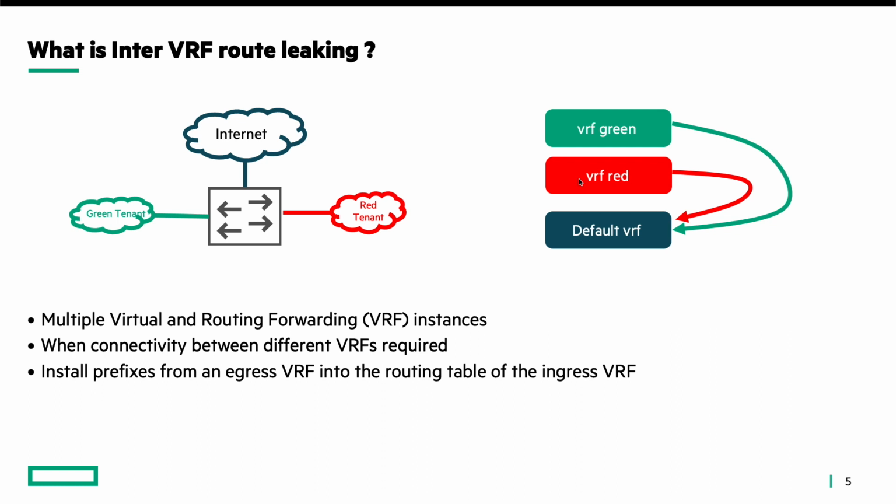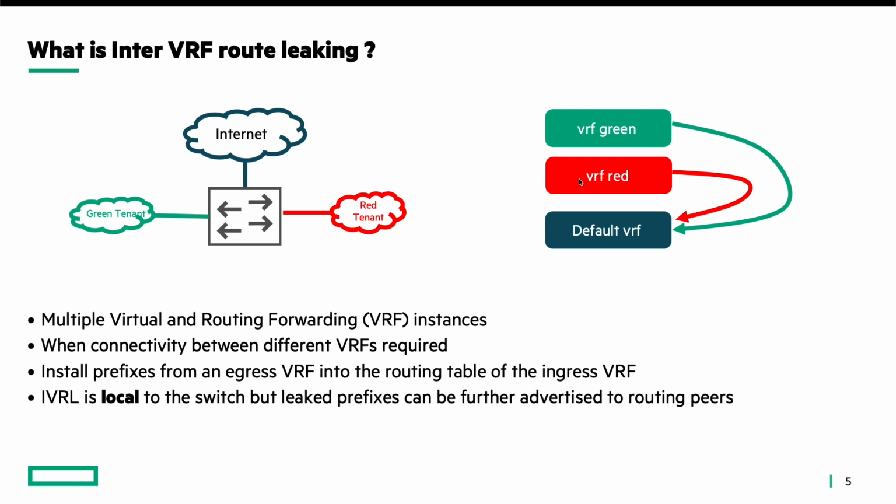So how does it work, more from a technical standpoint? It's the installation of prefixes from what we call the egress VRF, the source VRF leaking the route, into the ingress VRF, which is the VRF receiving the route. So basically, we install the prefix from a routing table in one VRF into the routing table of the ingress VRF.